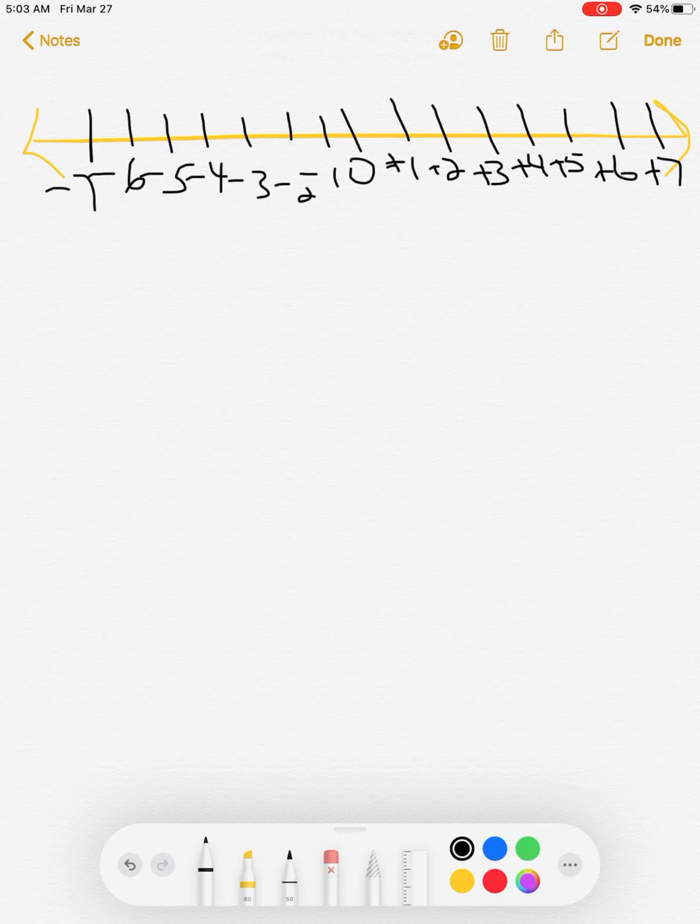Okay. Now, just like in the Math Antics video, he was trying to explain to us that as we go this way on the number line, the values get bigger, right? Because 1 is bigger than 0, but 2 is bigger than 1 and 0. 3 is bigger than 2. 4 is bigger than 3, is bigger than 2, is bigger than 1, is greater than.